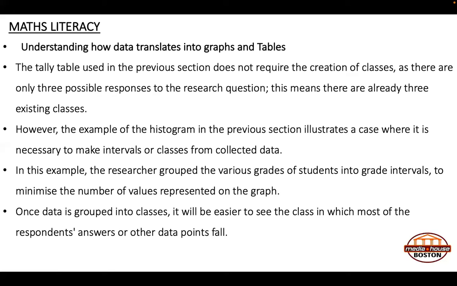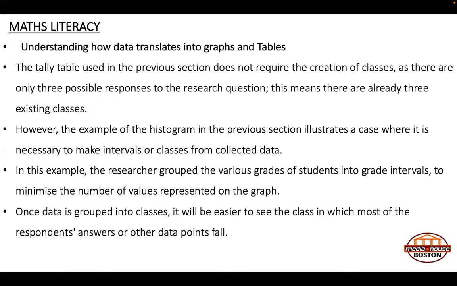However, the example of the histogram in the previous section illustrates a case where it is necessary to make intervals or classes from the collected data. So yes, when we saw the histogram on page 355, here we can see they have intervals 0 to 20, 21 to 40, 41 to 60, 61 to 80, 81 to 100.